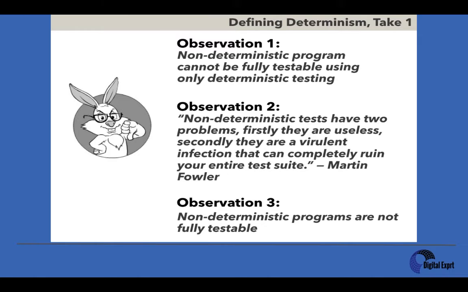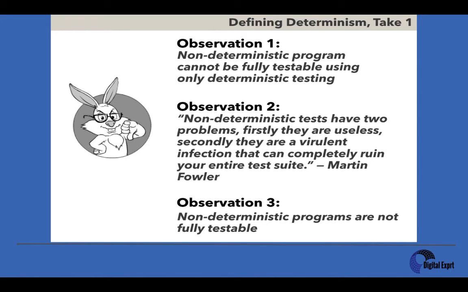Observation number 2 by Martin Fowler, the guru, states that non-deterministic tests have 2 problems. Firstly, they are useless. Secondly, they are a virulent infection that can completely ruin your entire test suite. So there's deep trouble here with any lack of determinism in our engineering.